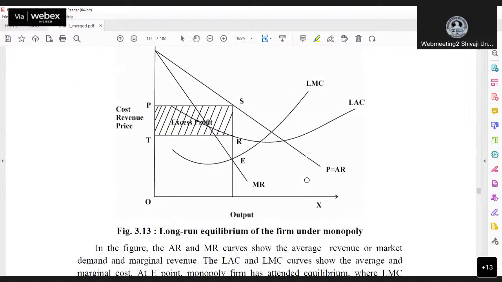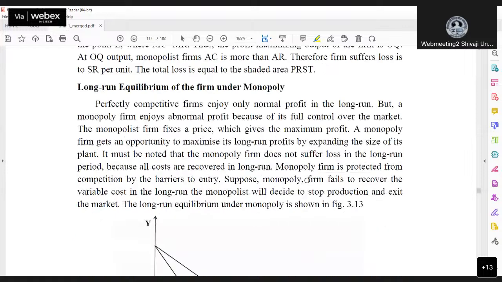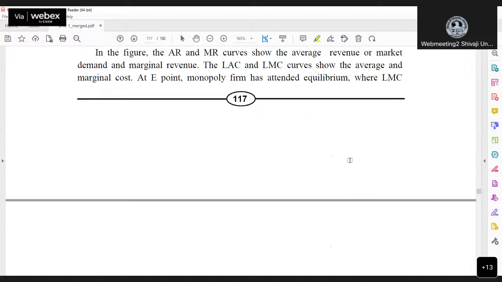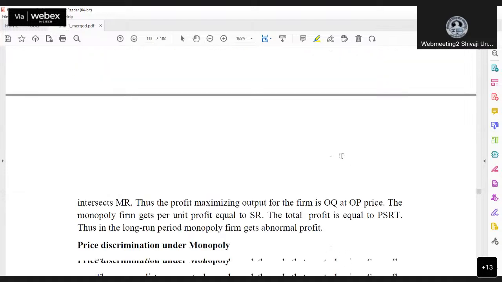So these are the three cases. You can place them on a single paper and give titles to them: excess profit, loss, normal profit. It will definitely be useful to distinguish among the graphs so that your conceptual clarity will be identified in a broader and more effective and efficient manner.